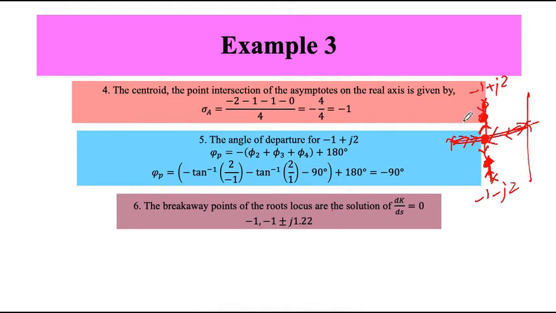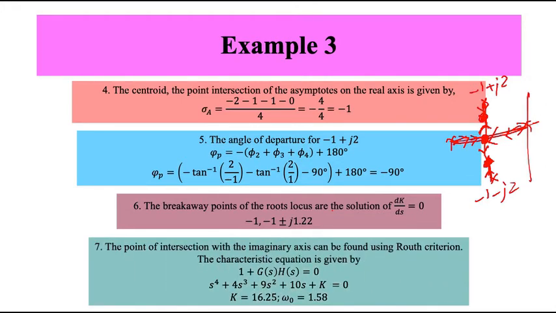Now we will see whether it will intersect my imaginary axis or not. So again I'm just computing it. For the intersection with the imaginary axis, I calculate the characteristic equation, which is s to the power 4 plus 4 s cube plus 9 s square plus 10 s plus k equals 0.